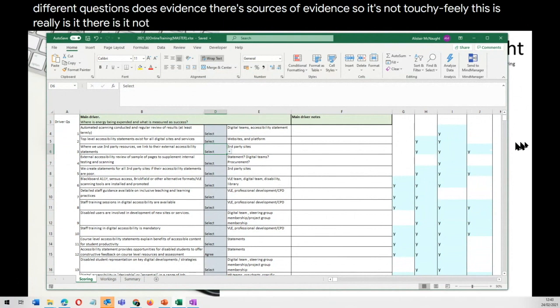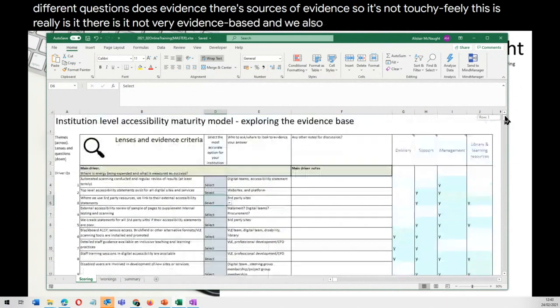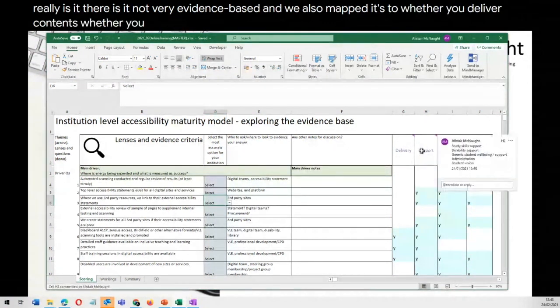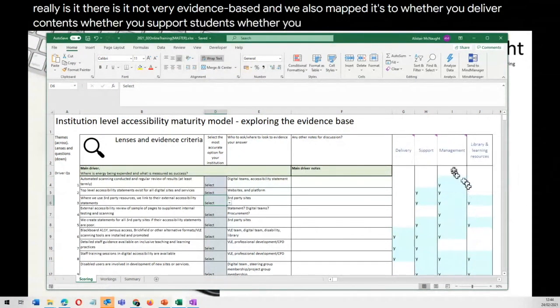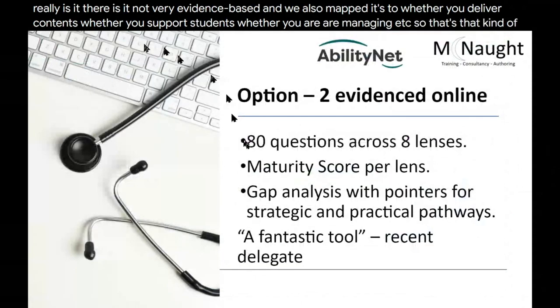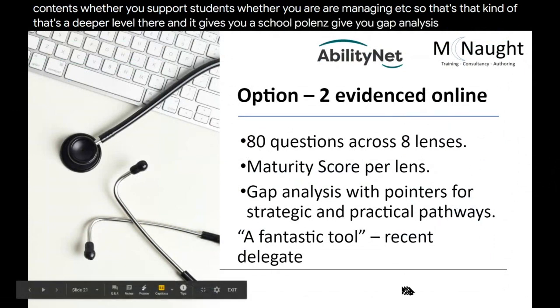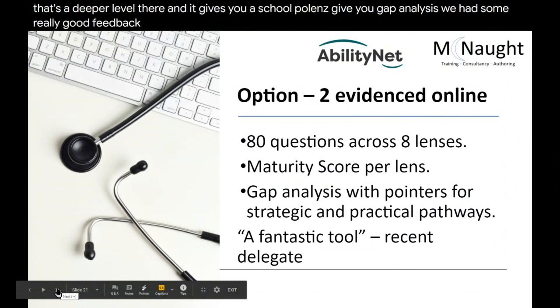Is it not? Very evidence-based. And we've also mapped it to whether you deliver content, whether you support students, whether you are managing, etc. So that's a deeper level there. And it gives you a score per lens, gives you gap analysis. We had some really good feedback from that.